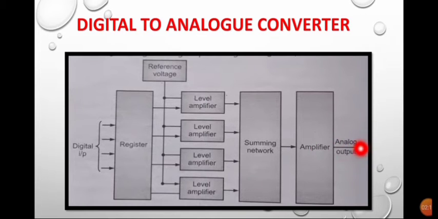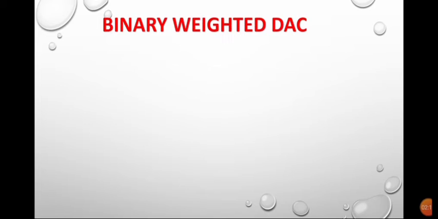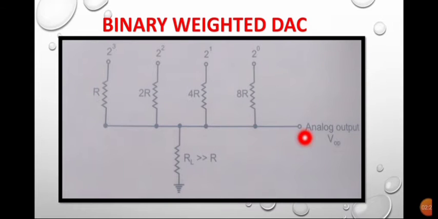analog output terminal. So let us move towards the first type, that is the binary weighted DAC. This is the block diagram of the binary weighted DAC. Why do we call it binary weighted? Because in the binary number system the base is 2.